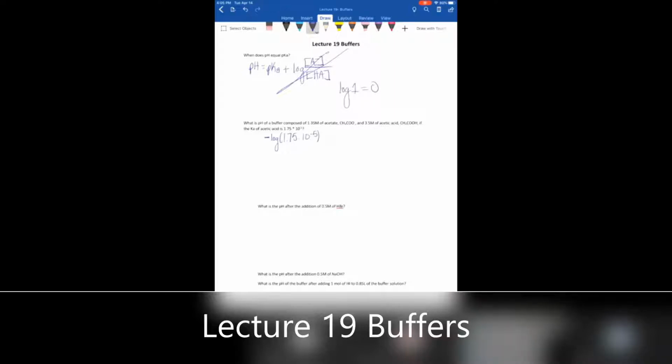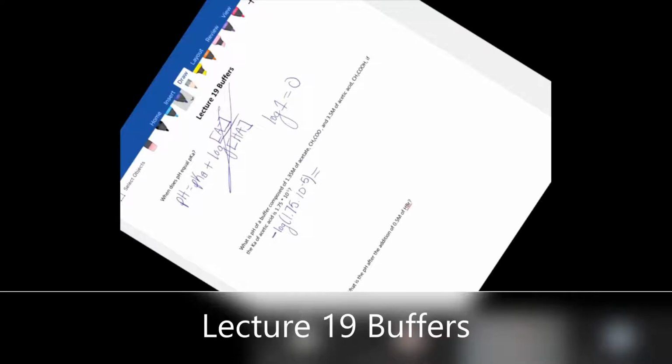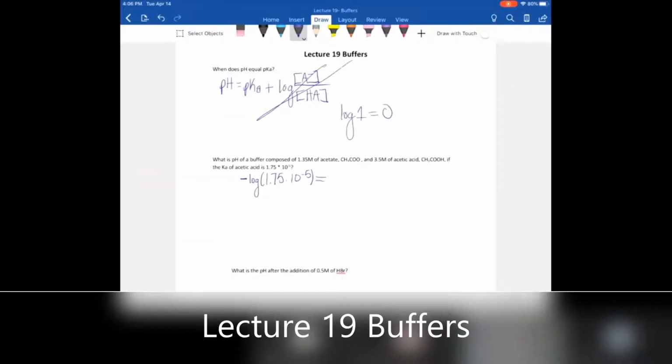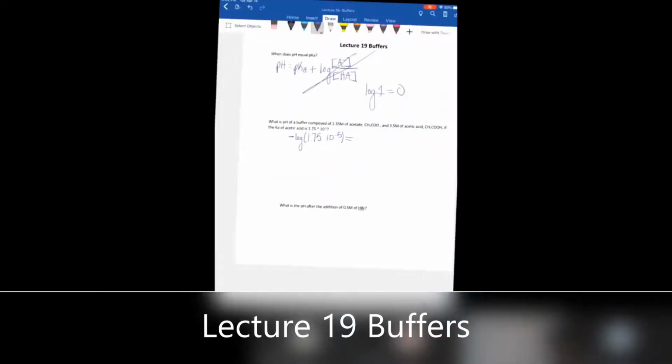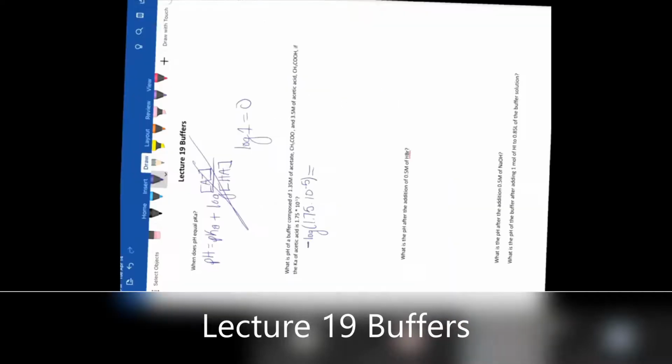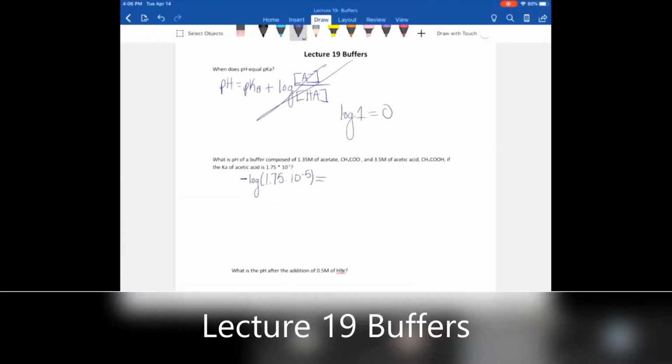That's going to equal, oh, I don't have my calculator. It should usually be 4 point something.